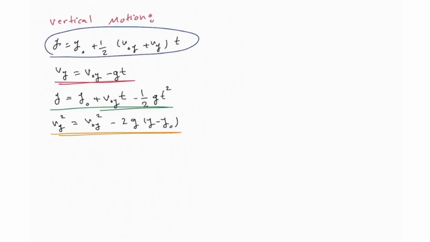Also note that Vx is the same as V cosine of theta, and Vy is the same as V sine of theta. This is because if this is the velocity V and this is the angle theta, this is essentially making a right triangle here, where this would be Vx and this would be Vy.